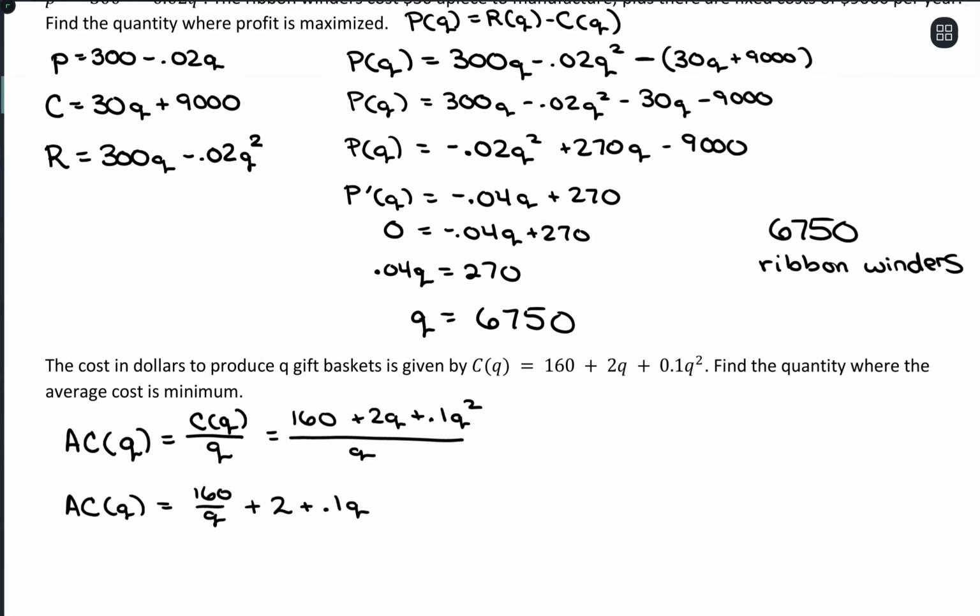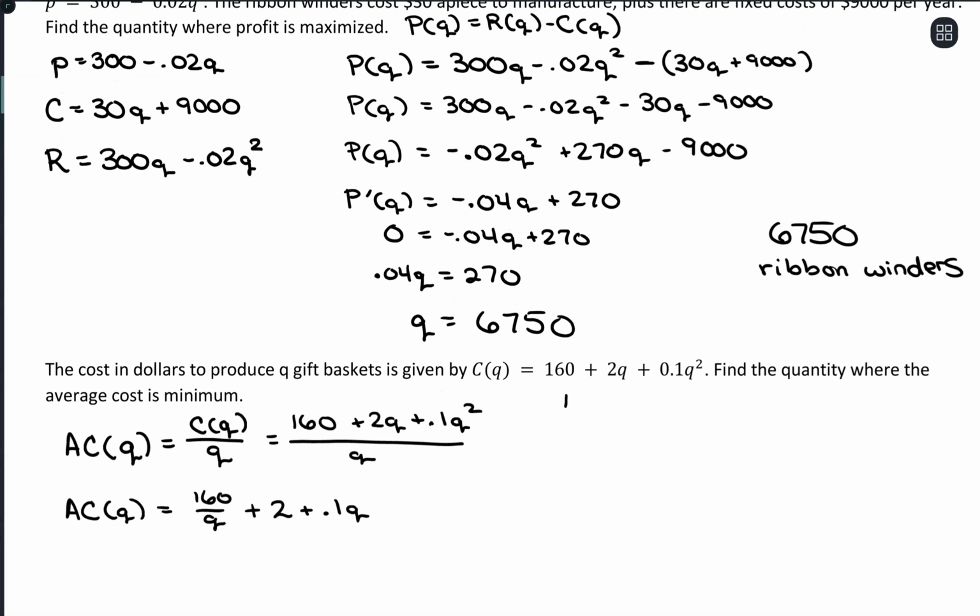So with that, I'm going to just rearrange this a little bit. So AC of Q, average cost of Q, is 160 Q to the negative 1 plus 2 plus 0.1 Q.